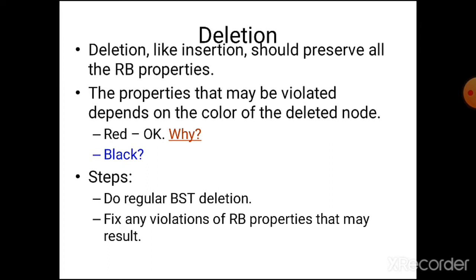If any violation occurs during that deletion, then we need to fix that violation. If we delete a red node, it will not violate any red-black properties, but when we delete a black node, it affects the red-black properties. So we need to fix that.